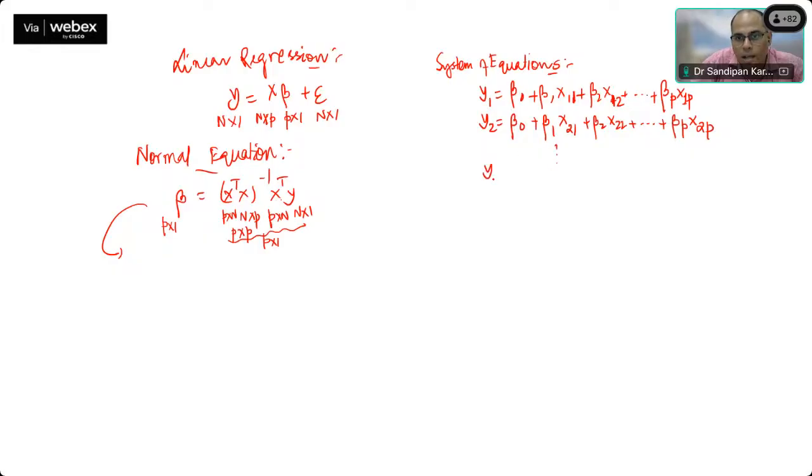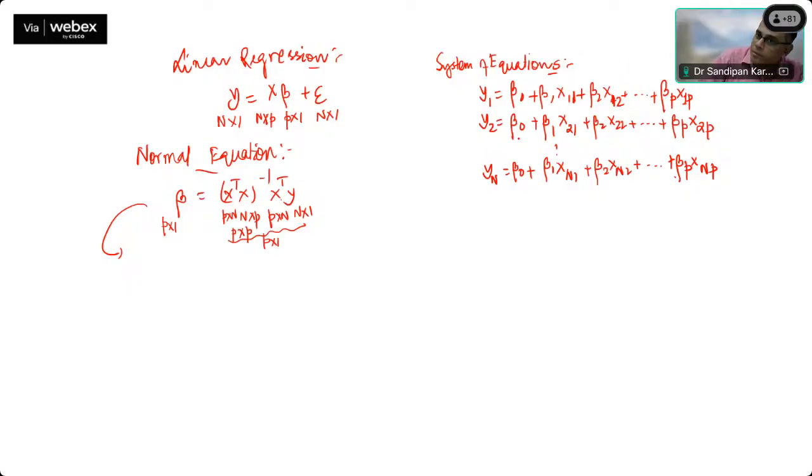Now yn is beta naught plus beta 1 xn1 plus beta 2 xn2, and so on up to beta p xnp. So these are the equations, and we are trying to solve them because we want to find beta naught, beta 1, and so on. These are the unknowns we want to find.